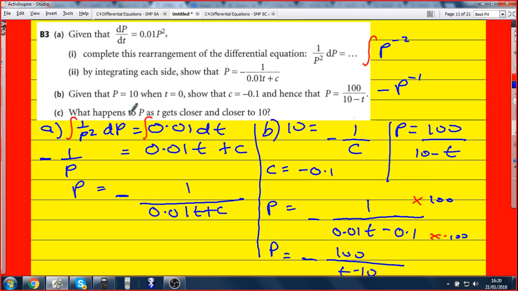And then C, what happens to P as T gets closer and closer to 10?